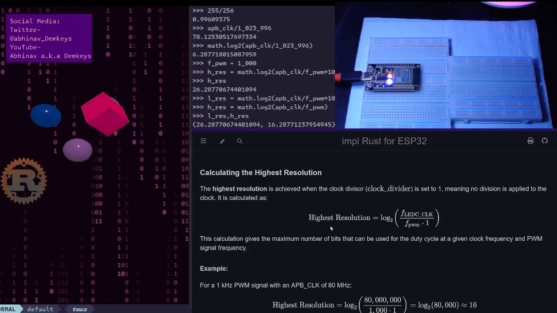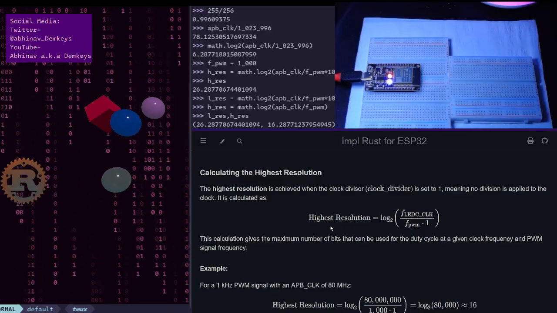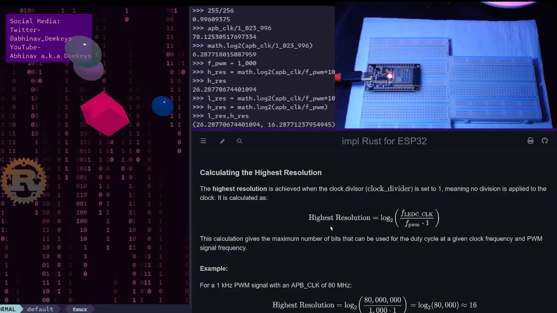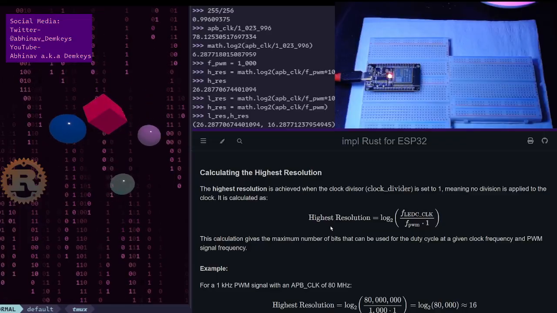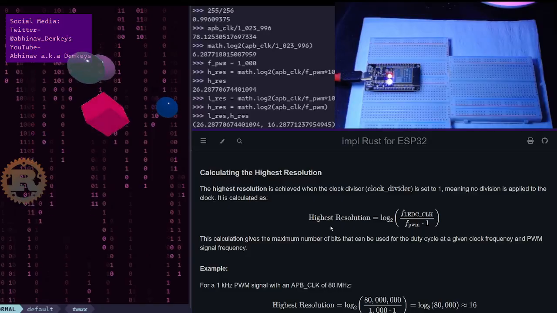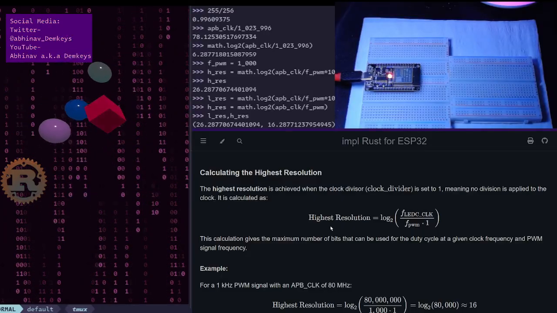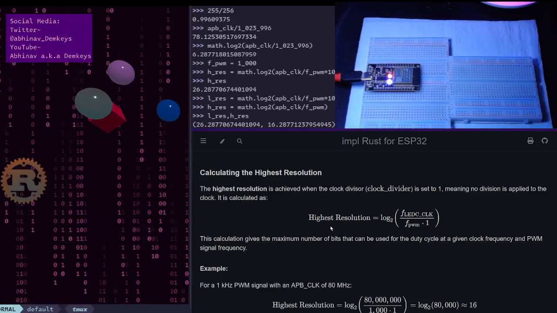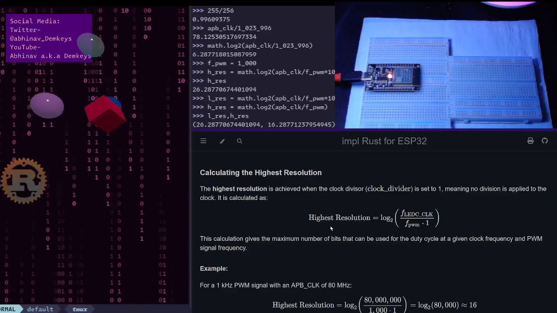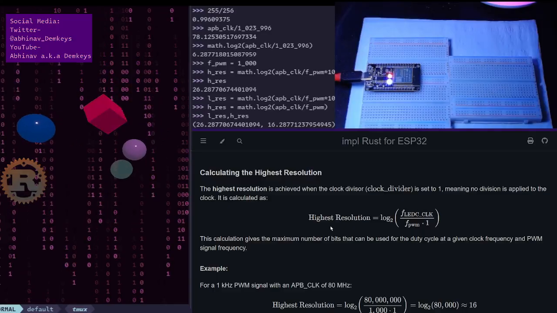I did not give Gemini the entire thing. Hey, I just realized that I only gave you the formula mentioned for the highest resolution. I didn't give you the formula mentioned for the lowest resolution, so you cannot see why I'm confused here.